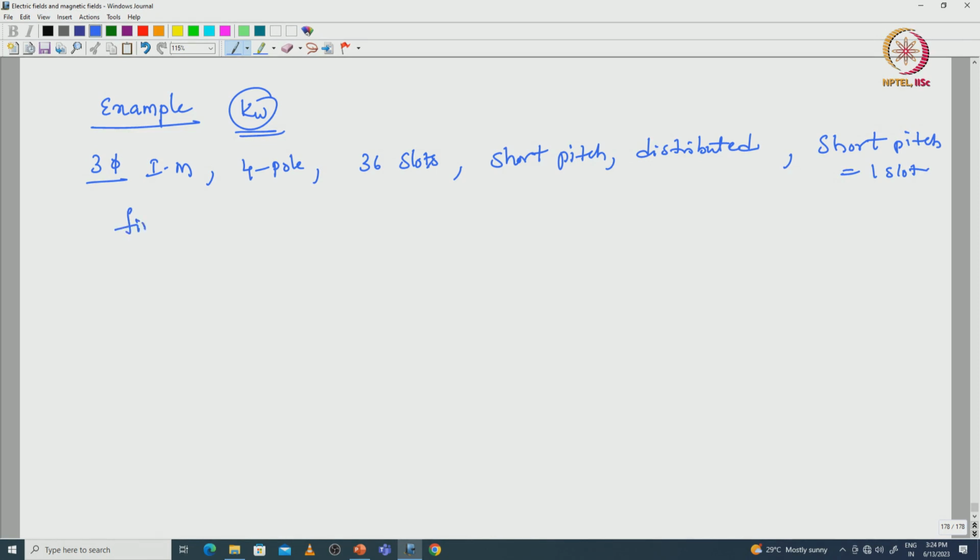Find the winding factors for fundamental and third harmonic.